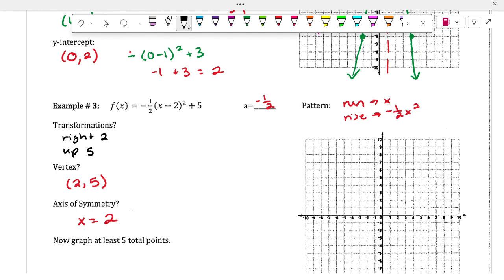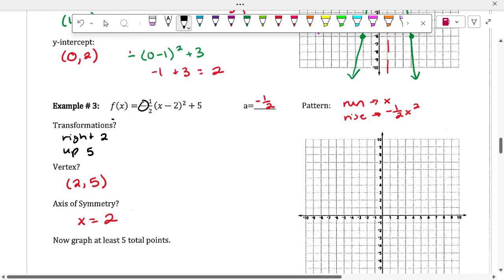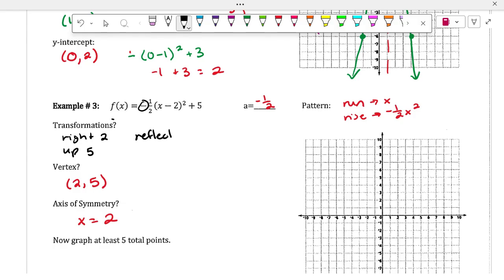What else is going to happen? What direction is this going to open? Down, because it's negative. So that means we have to also do what, transformation-wise? Reflect over what? X-axis.